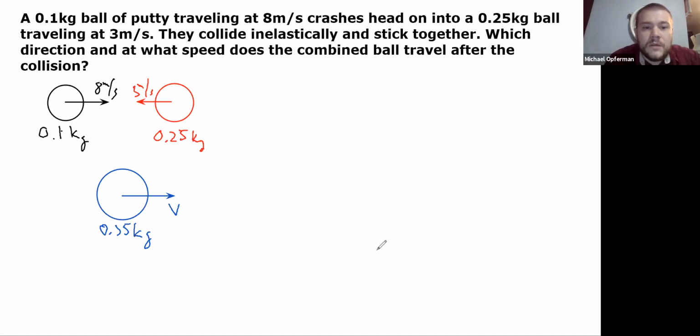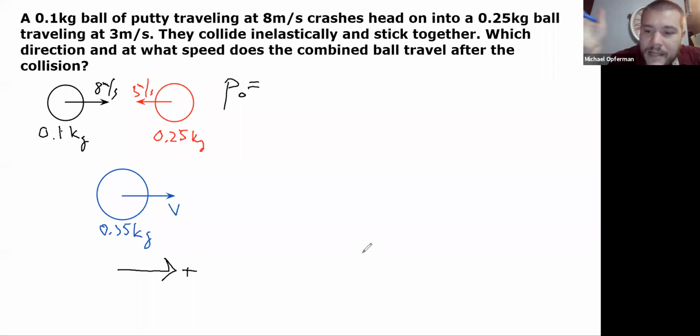Okay. The next thing is I also need to identify what I'm calling the positive direction. So I'm going to make right the positive direction for everything. Now I need to write down the momentum in the initial state and the momentum in the final state. So up here, initial momentum. Remember, the definition of momentum is mass times velocity.